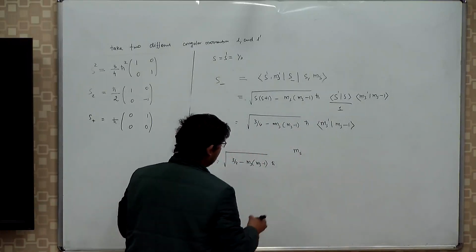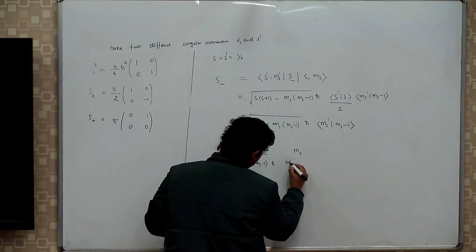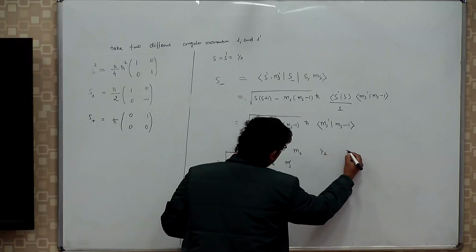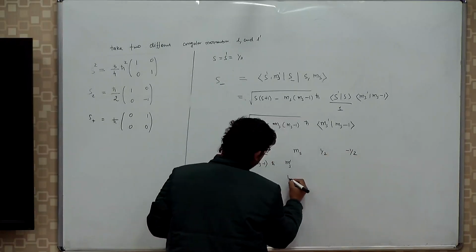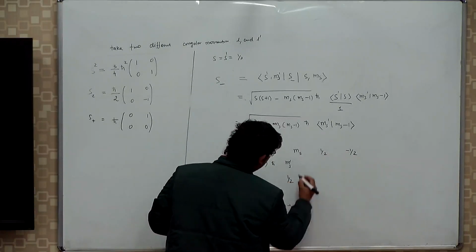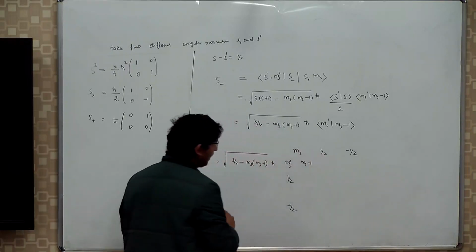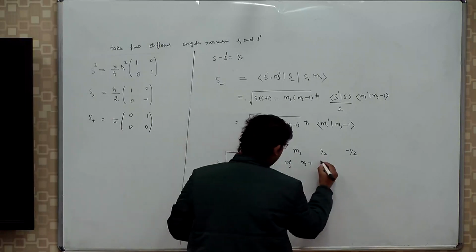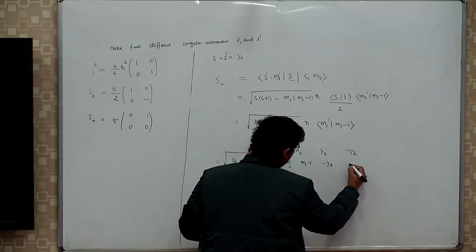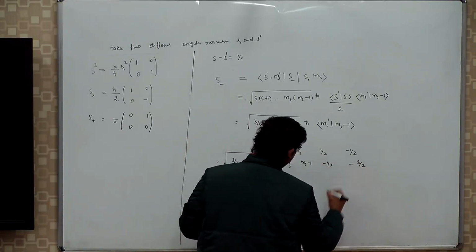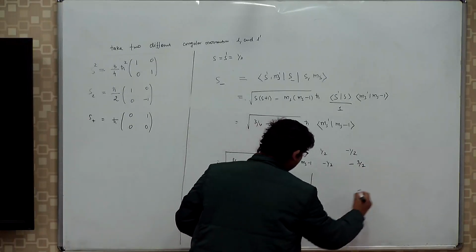So ms and ms dash: 1 by 2, minus 1 by 2, and 1 by 2, minus 1 by 2, ms minus 1. So if we write minus 1, here it will be minus 1 by 2, here minus 3 by 2.